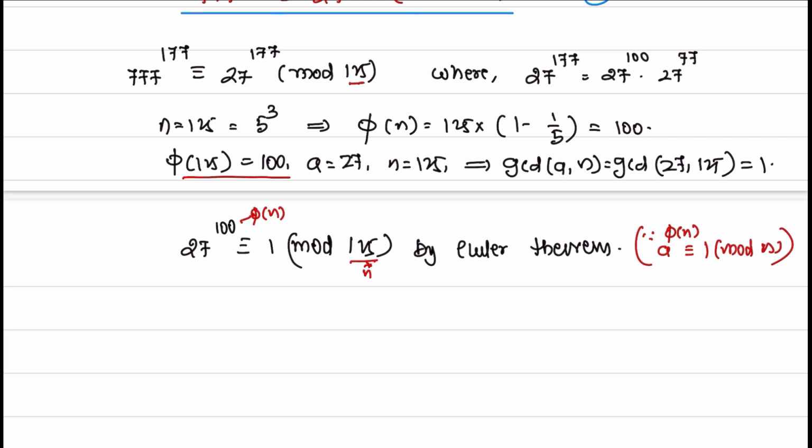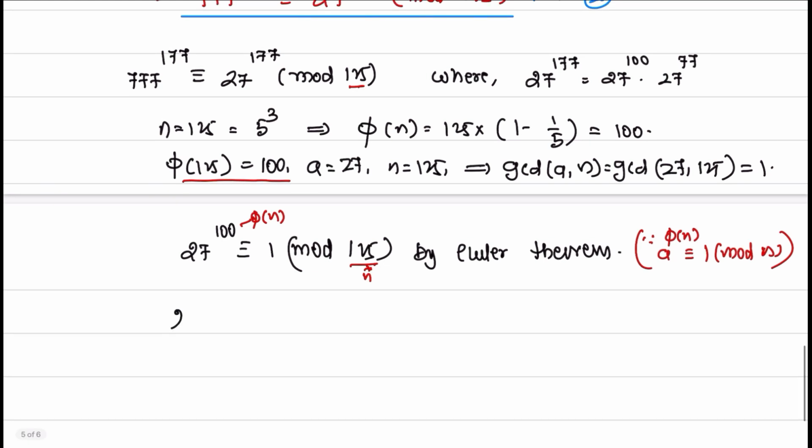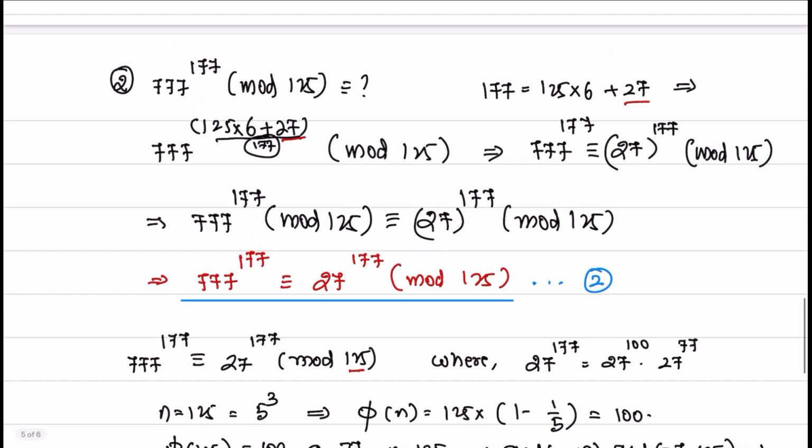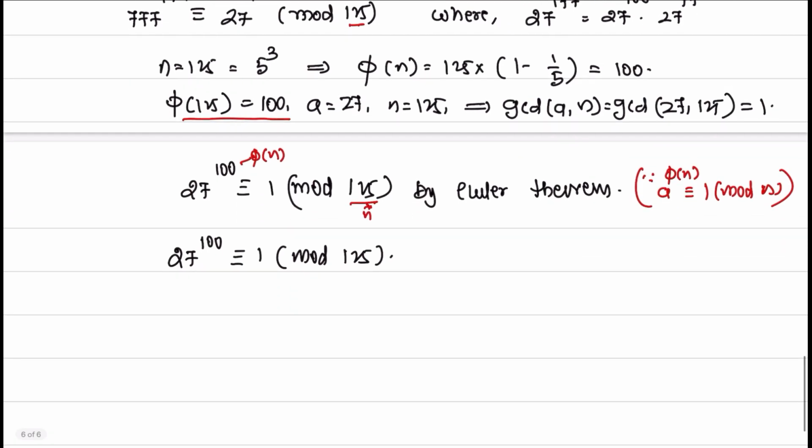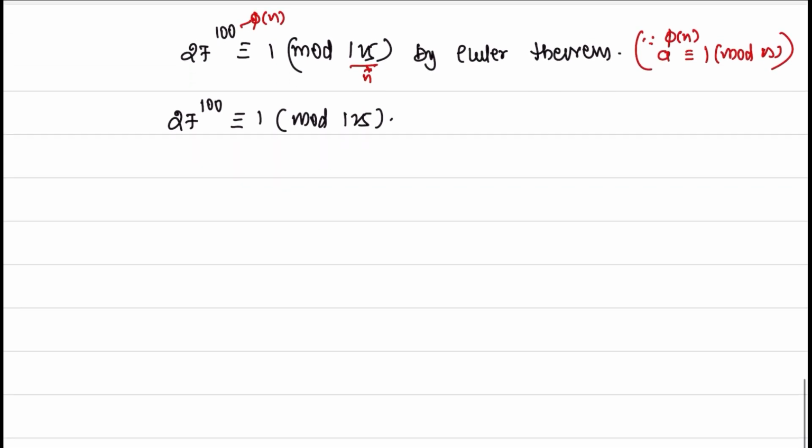Now, what result have we got? 27 to the power of 100 is equivalent to 1 mod 125. What we require, in toto, is 27 to the power of 177 mod 125, whereas we have got the value of 27 to the power of 100.